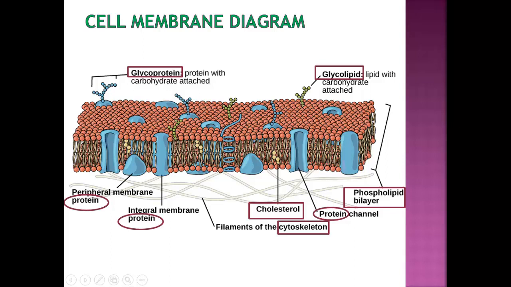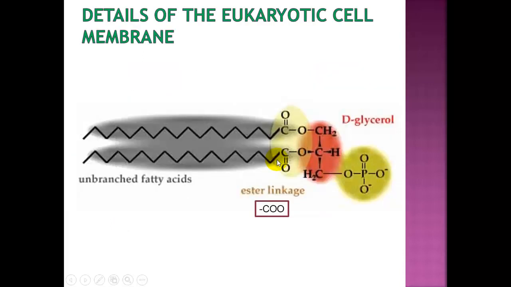The eukaryotic cell contains cholesterol, shown here, in the cell membrane. Eukaryotic cell membranes contain fatty acids that are unbranched.